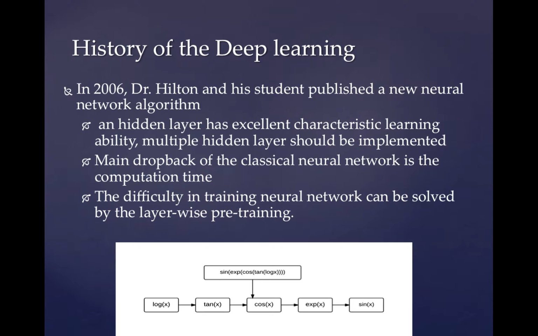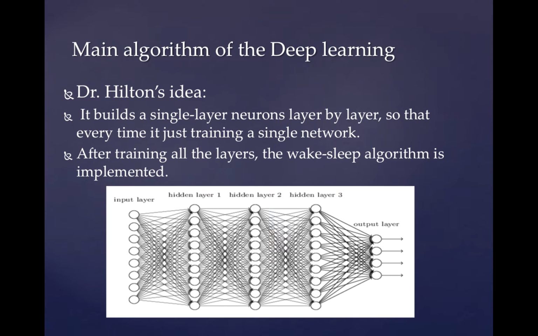Let's see this example. This is a very complicated function, but it can be divided into 4 steps, 5 steps, and in each step there is only one function, and the combination of the 5 steps can be very flexible and complicated. The main idea of Dr. Hinton's algorithm is that first it builds a single neuron layer, layer by layer, so that every time it is just training a single network.